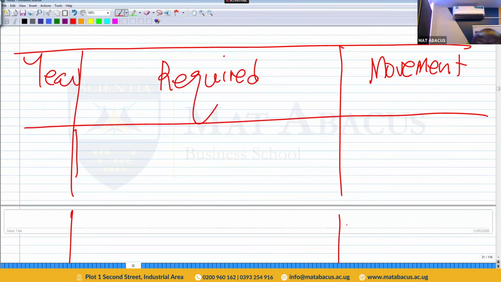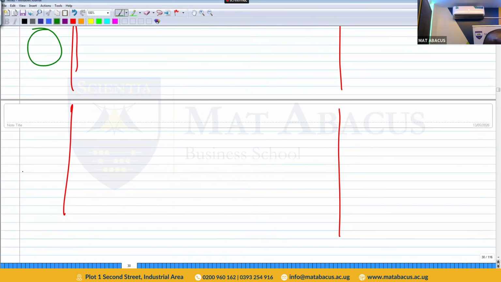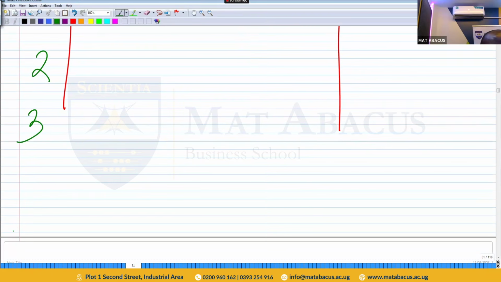We have been told you can start from year 0 or you can start from year 1, but at MAT Abacus, the project has 5 years, so you lay your years, starting with year 0, year 1, year 2, year 3, year 4, year 5.